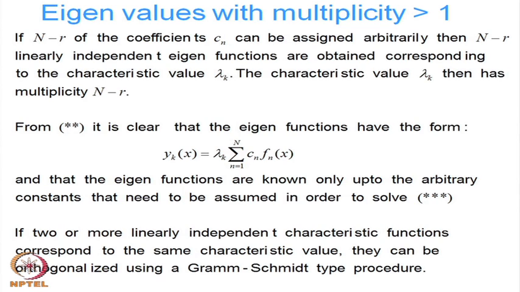But what is important is that even when I have these arbitrary constants, even when I have multiplicity say n minus r, it is possible. So, what did we see? We saw that for lambda k, if I have n minus r arbitrary constants, that means I have n minus r linearly independent eigenvectors corresponding to lambda k.